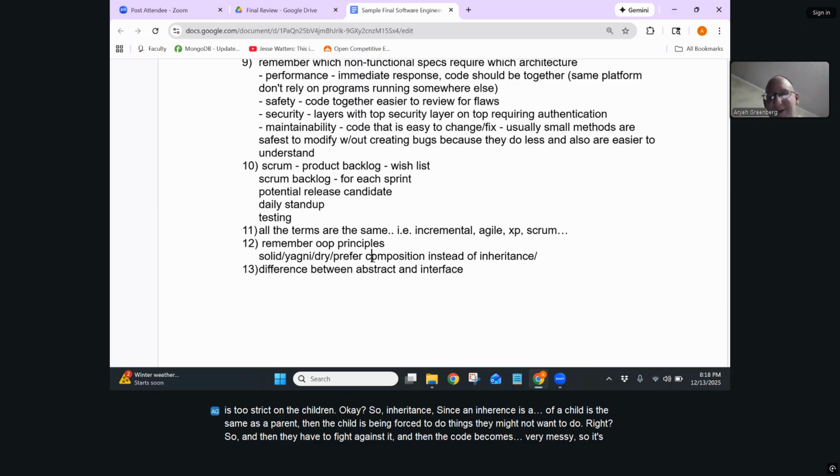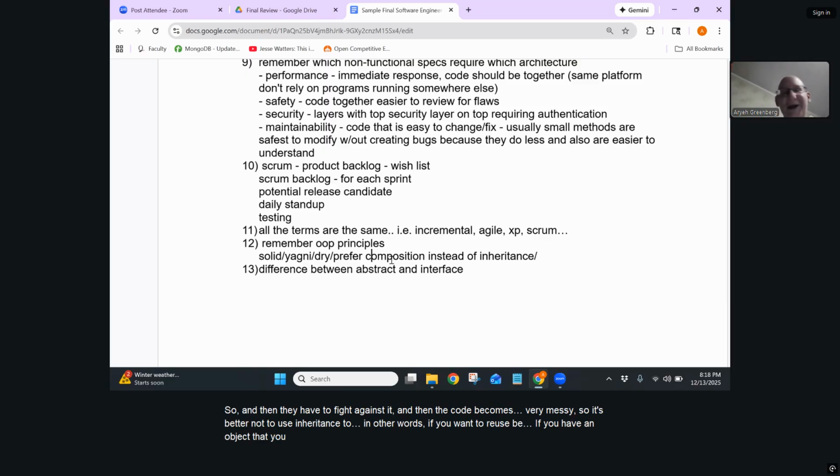So if you have an object and you like some of the stuff inside of it, it's better to make it part of your object rather than inherit from it.